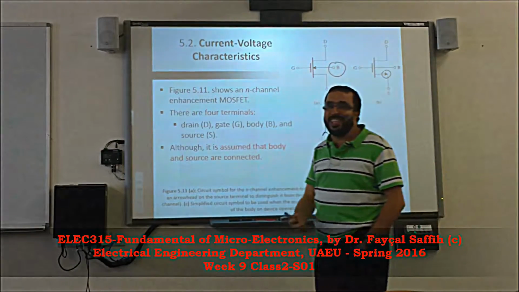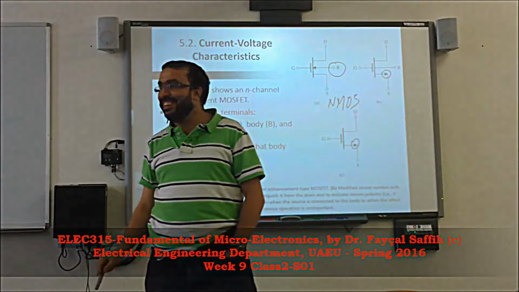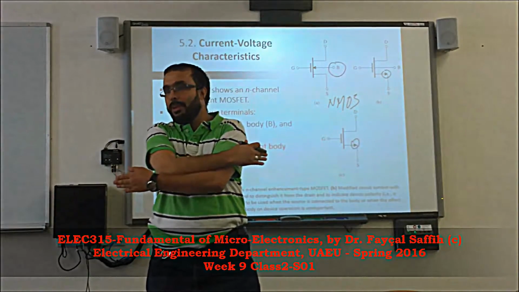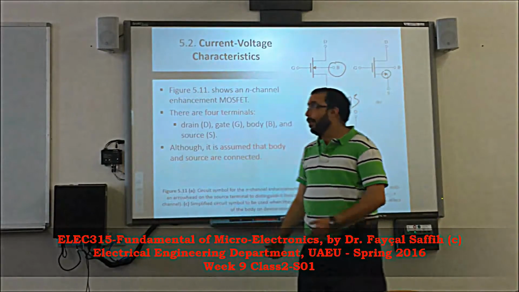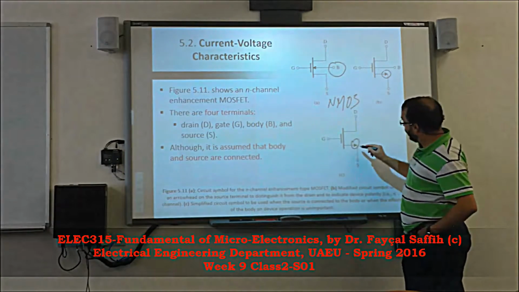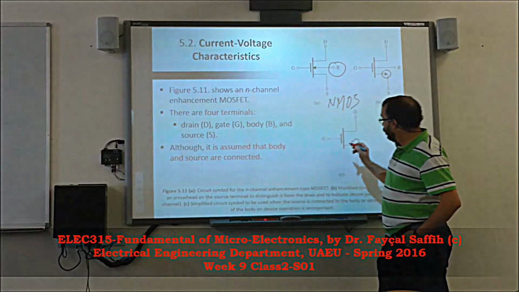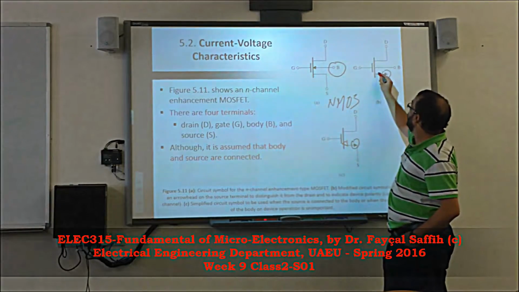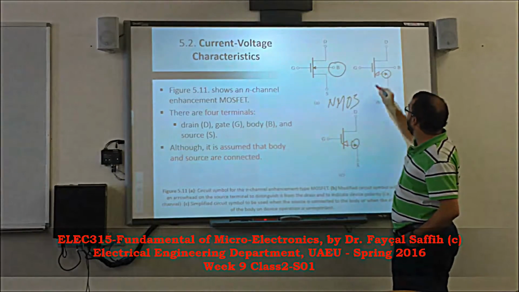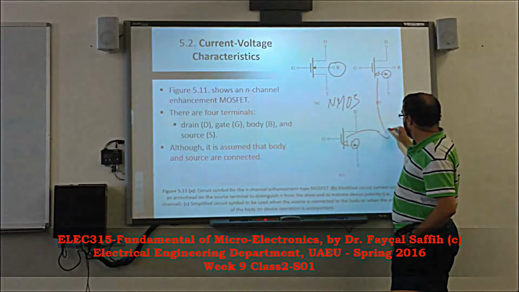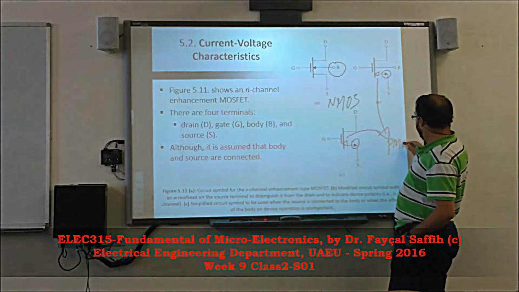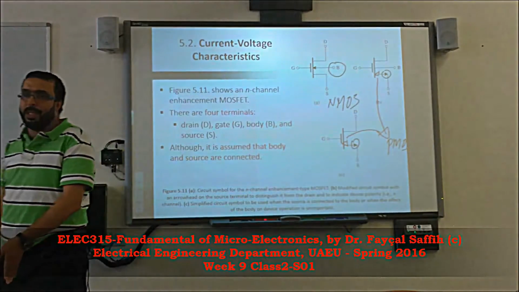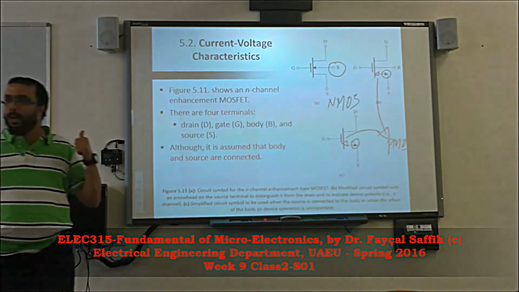And we know that electrons go opposite to the holes, yes? So if we have the arrow going out of the source, then I'm dealing with PMOS. That's it. So into the source I'm NMOS, out of the source I'm PMOS.